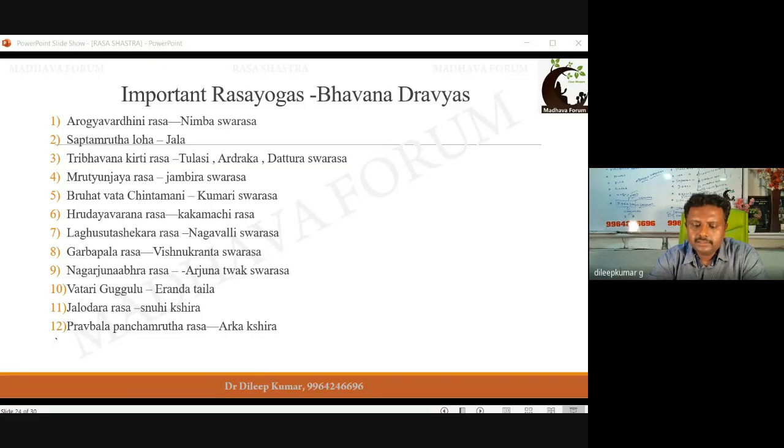Parada and Gandaka, Trikatu, Chaturjata. Because of Trikatu Chaturjata, Amapachana will happen very fast. So appetite will increase. Then Swarna and Tamra will act as rasayanas, and Amadoshahara also. Finally, Dushi Vishahara action also we can expect from Tamra and Swarnavasma.